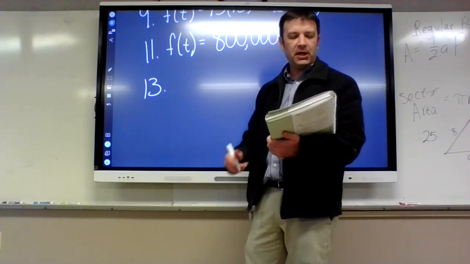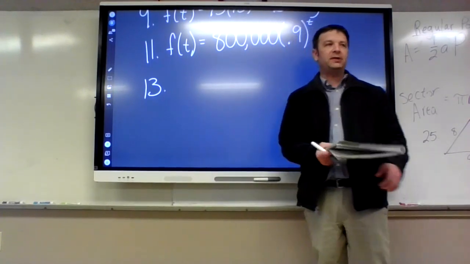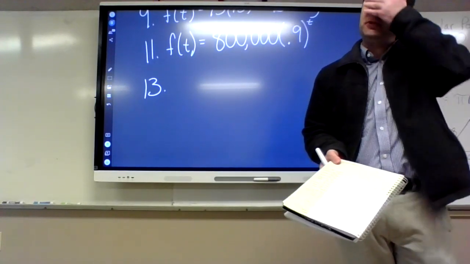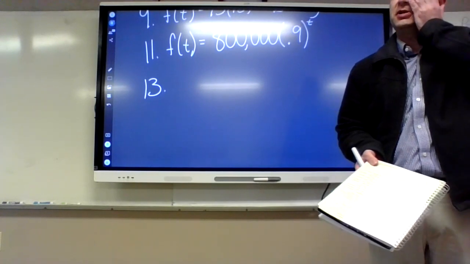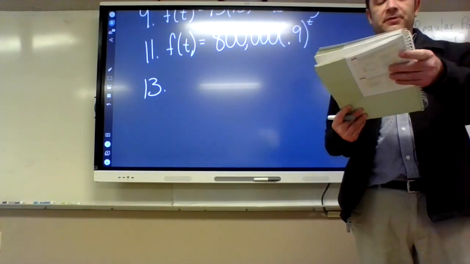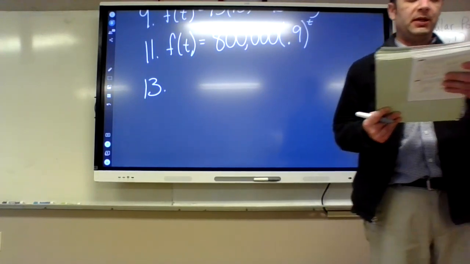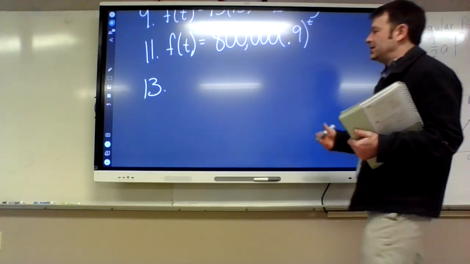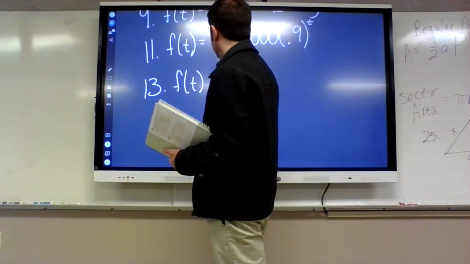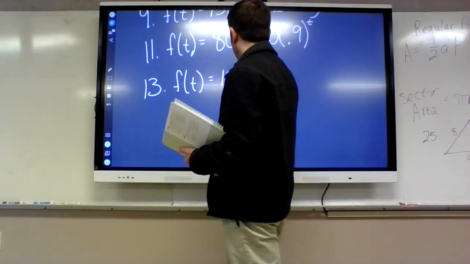Number 13, a culture contained 1,500 bacteria. A culture is like a little, maybe you guys learned it in science class, little petri dish where you grow bacteria in it. Has 1,500 bacteria that doubles in size each day. So what's my initial amount? 1,500. Okay.